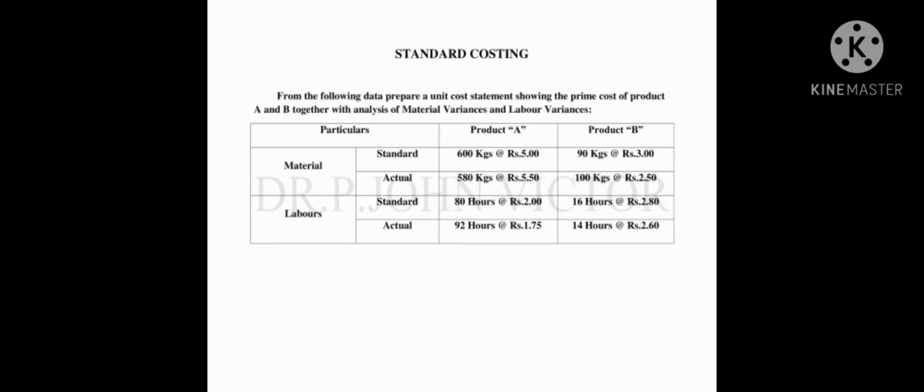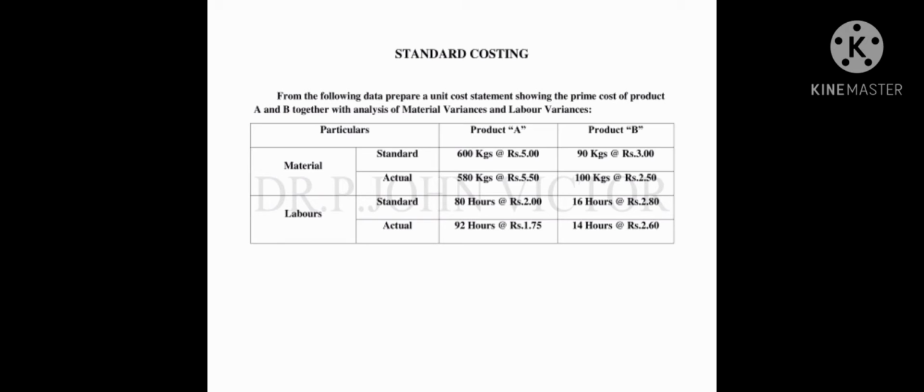Okay, just follow the sum first. Standard costing. From the following data, prepare a unit cost statement showing the prime cost of product A and B together with analysis of material variances and labor variances. Okay, two products A and B are there, and two particulars, materials and labors.